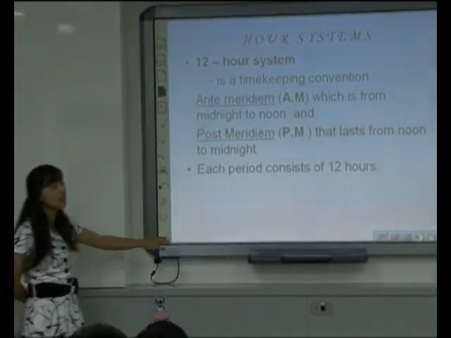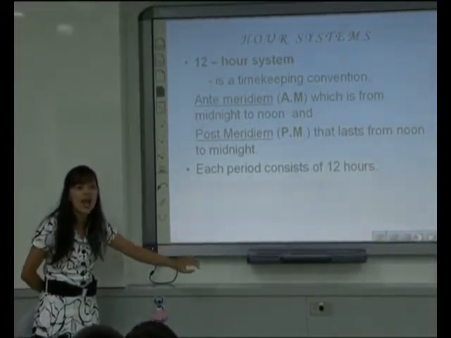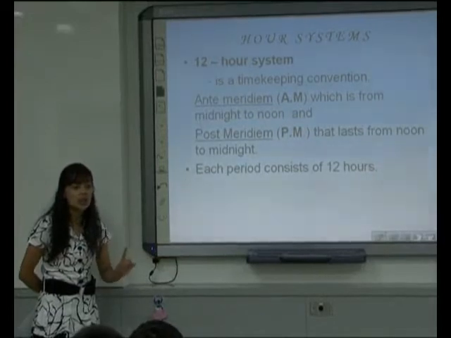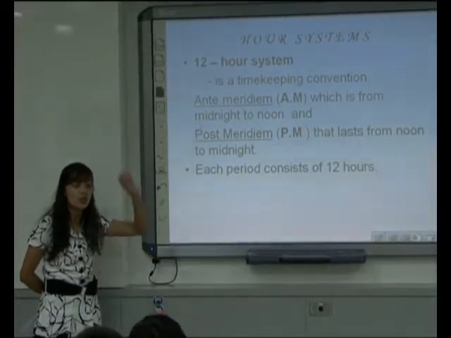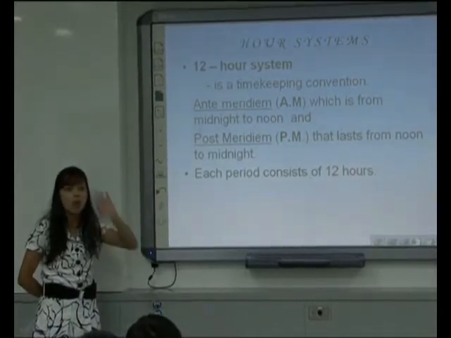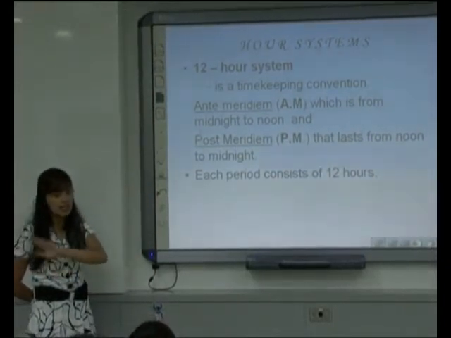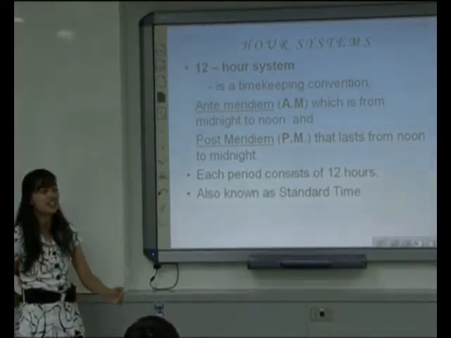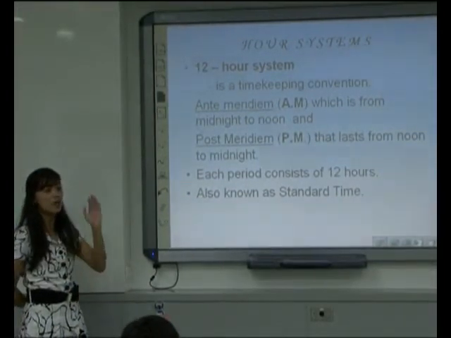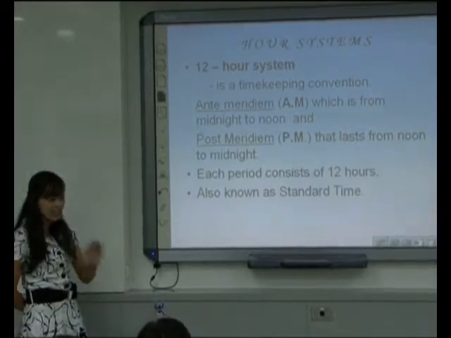Each period consists of 12 hours. Do not use 13 to 24, just use 1 to 12. The last one is also known as standard time. All the people in the world know about standard time.